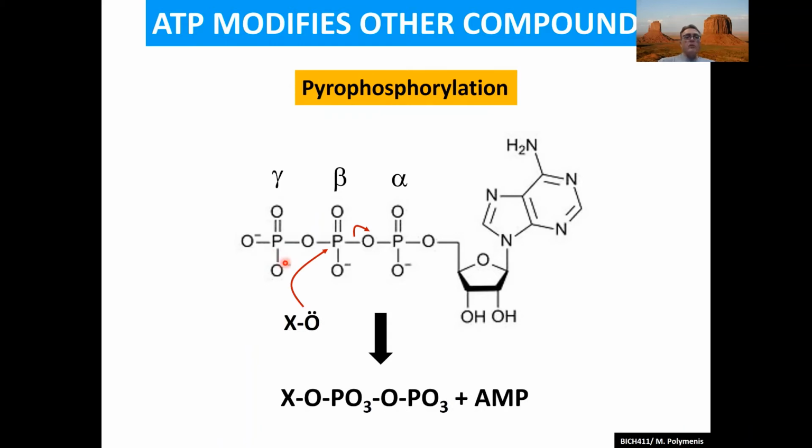If you move both the gamma and the beta, then you have pyrophosphorylation. You don't have to move just the gamma. You can move both of them, the gamma and the beta. And of course, what's left from the ATP is AMP, just the alpha phosphate.